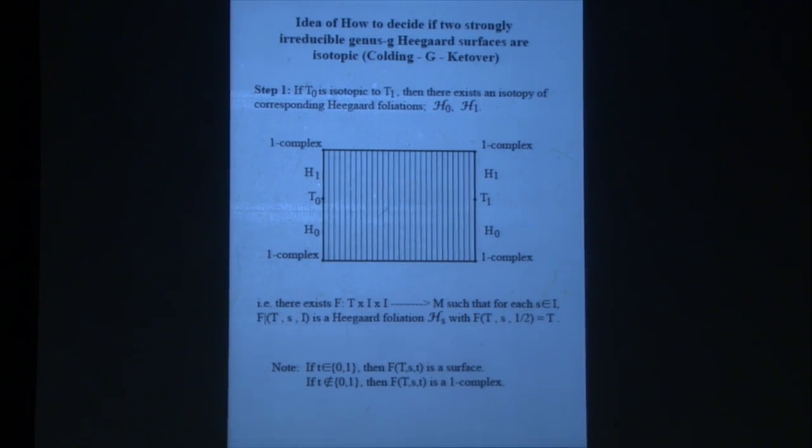Okay, so now I'd like to give you a hint as to how to decide whether two Heegaard splittings are isotopic. So to start with, suppose we had two Heegaard surfaces, and the question is, are they isotopic?